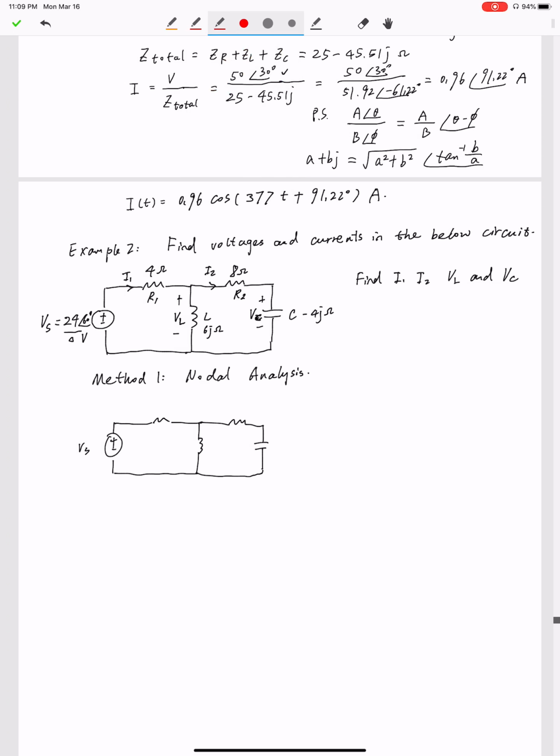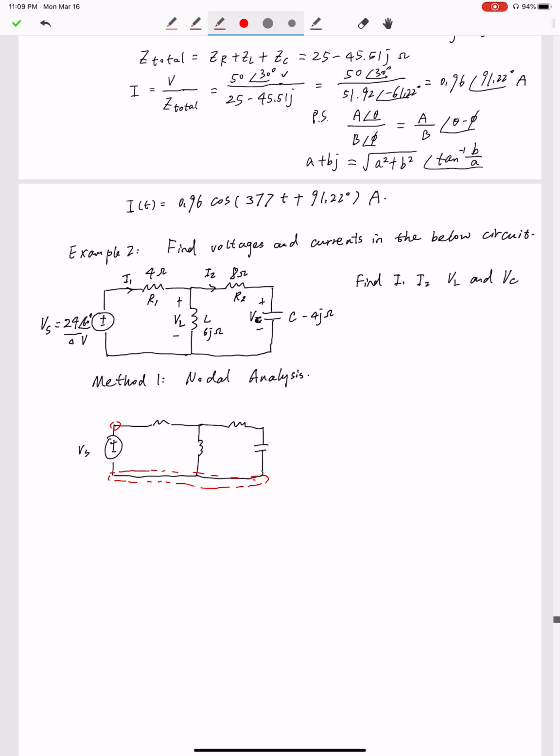We can define the bottom one as a node, the conjunction of these three branches. Then the connection between Vs and resistor R1, the connection between R1, R2, and L, and the last one, the connection between R2 and C. Let's label those nodes: this is node 1, this is node 2, 3, and node 4.